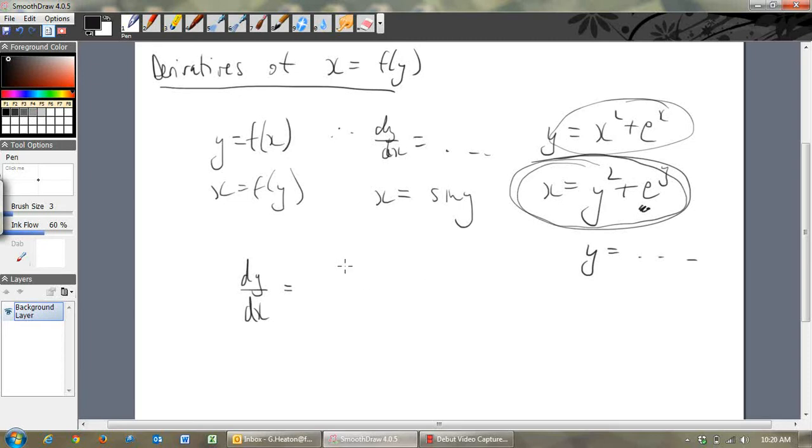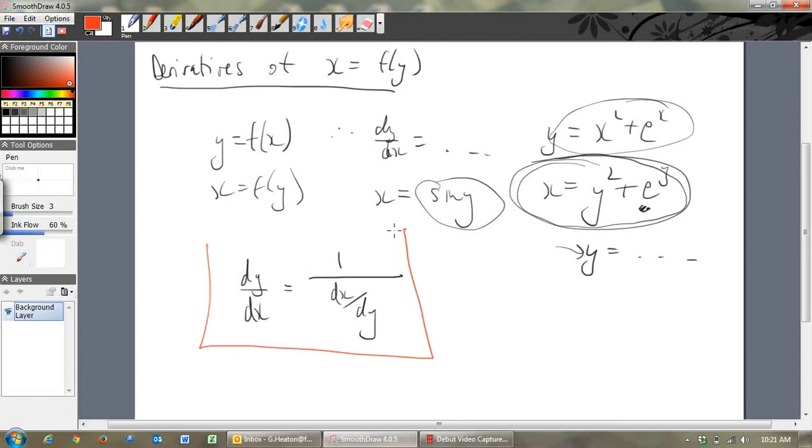So instead of rearranging it, transposing it for y and then taking a derivative, it's more convenient in most cases to say that dy by dx is equal to 1 over dx by dy. In other words, take the derivative of x with respect to y, so it's backwards of what we've been doing, and then flip it upside down, 1 over that. So this is the key ingredient here.